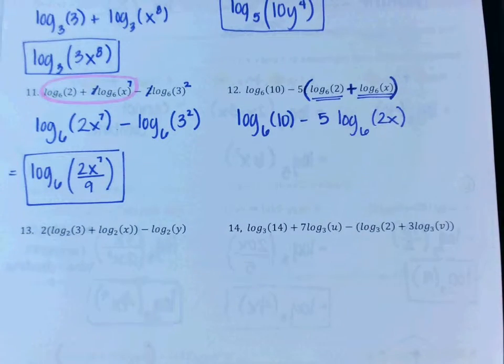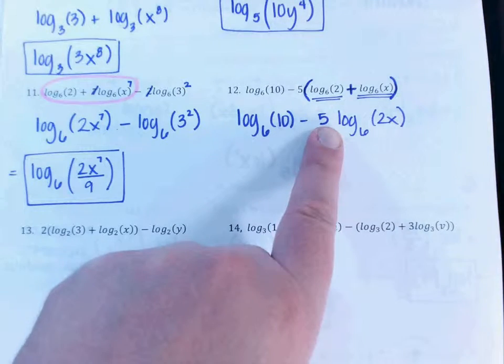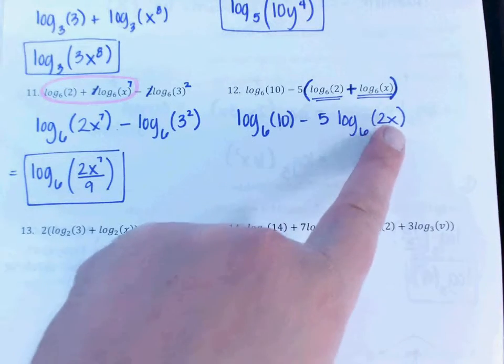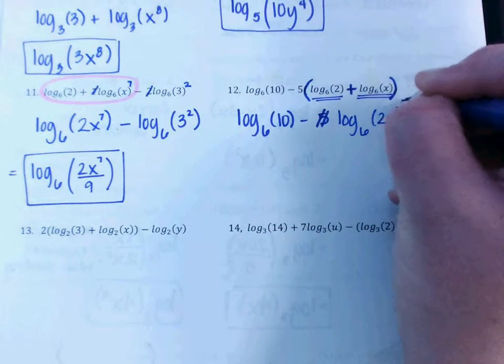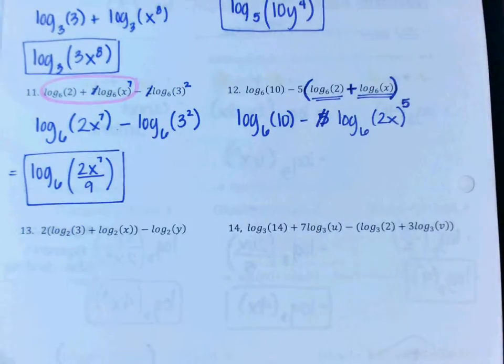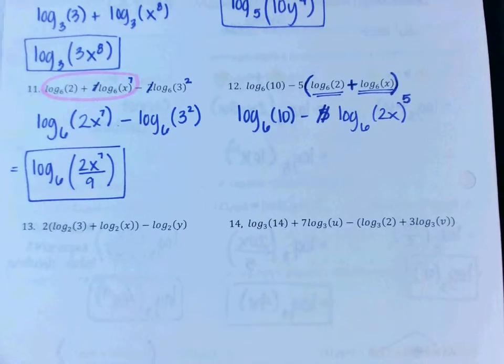So step 1, I combine the added logs. Step 2, I have to move this up. And so if my 5 is here, it needs to be applied onto the 2 and the x. So when I cross it out and move it, I need to make sure it goes on the outside. So the 2 and the x are inside that power of 5.